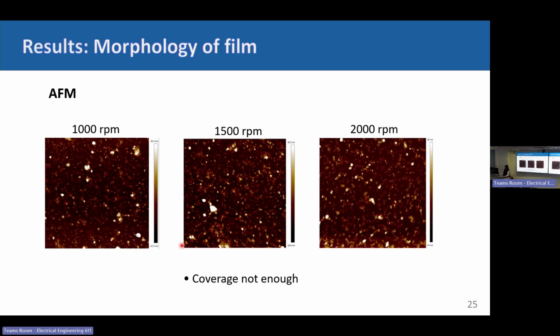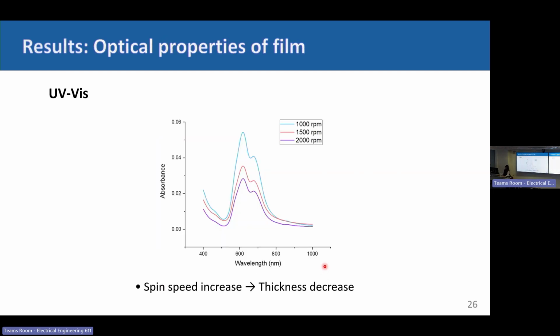We can see that changing the spin speed from 1000 RPM to 2000 RPM doesn't change the deposition very much because the coverage is not really enough. I also did UV-Vis to see the optical properties.